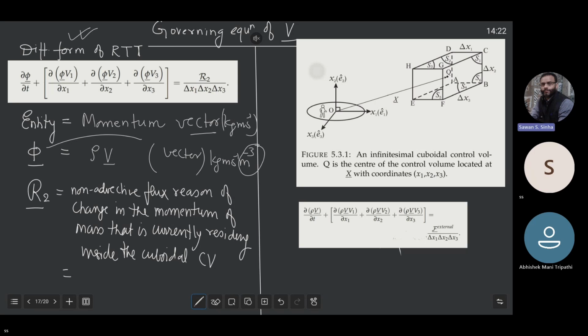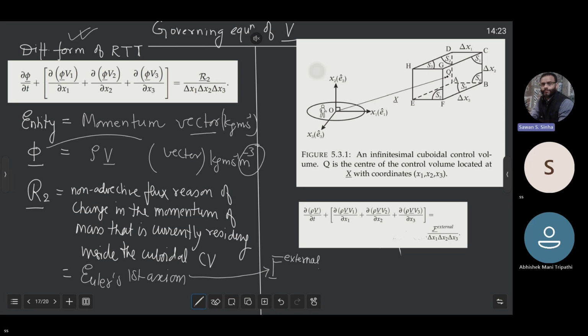The next question is what should be R2? I have said this 2-3 times by now. Non-advective flux: the reason for change in the momentum of mass that is currently residing inside the control volume. Euler's first axiom gives me the answer, and that I write as F external. What is F external?